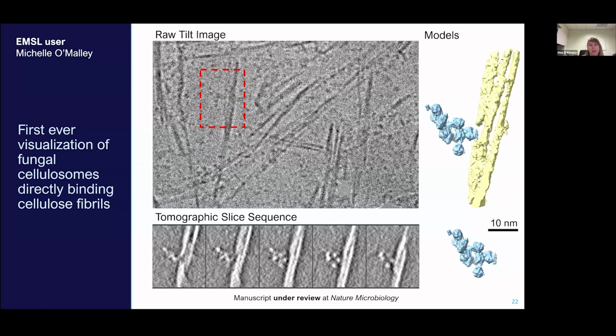To use them as they are in high resolution single particle cryo-EM is impossible. So what we're doing next is cell-free co-expression to co-express select protein components of this complex, to have simplified and more defined samples that we can work with.